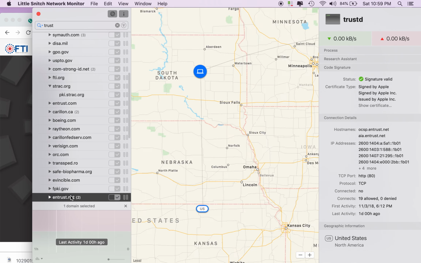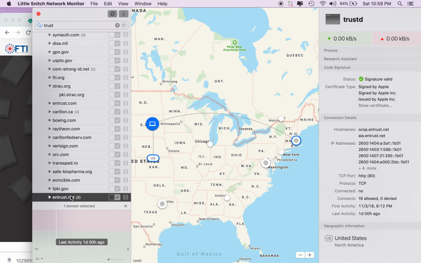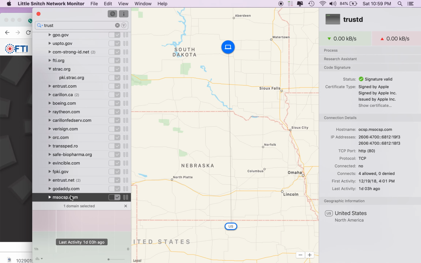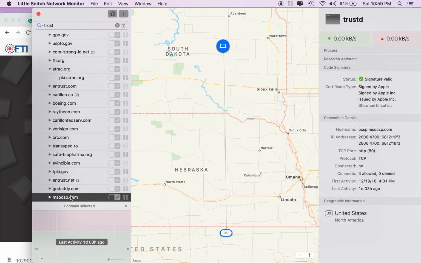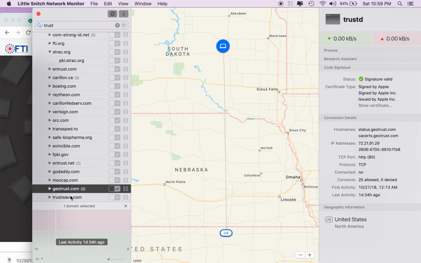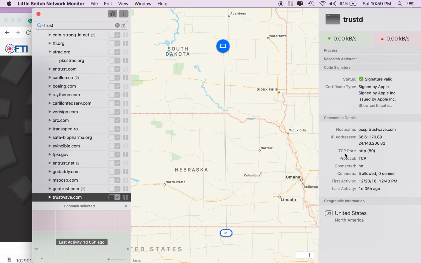Okay. Also one day, Entrust.net, and that was also put on last night. Another one with GoDaddy. And I wonder if that's CAC, CAC certs. I'm not entirely sure.